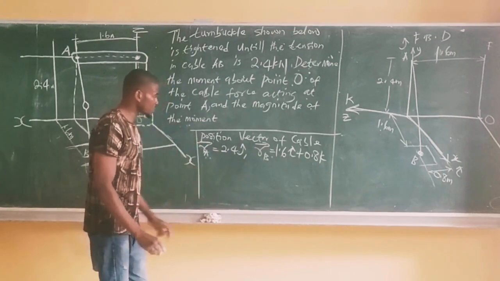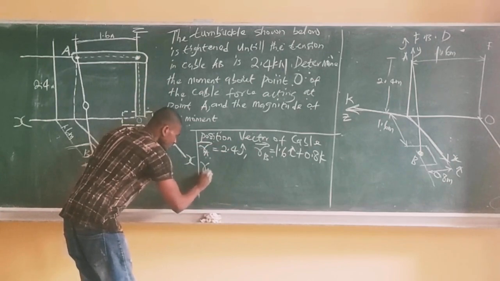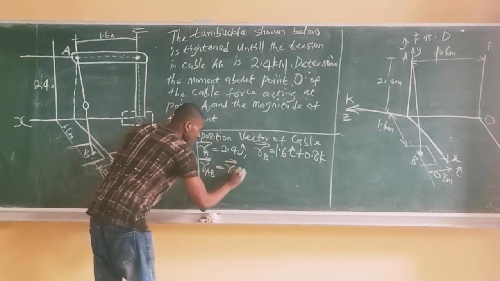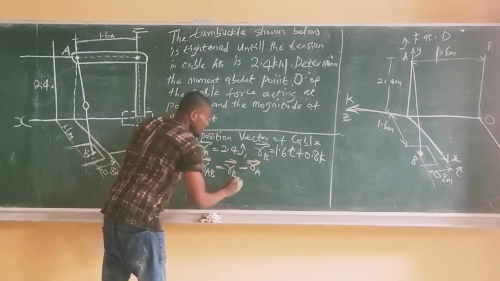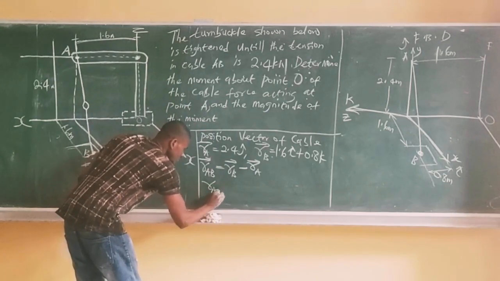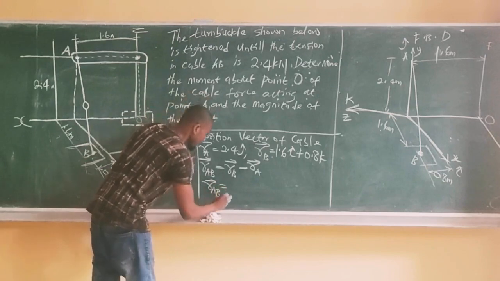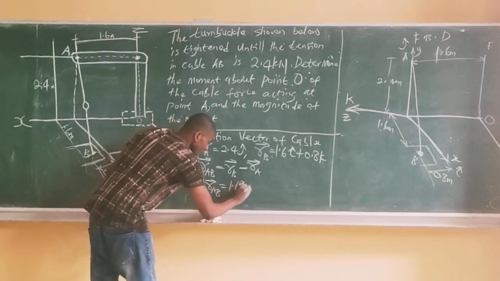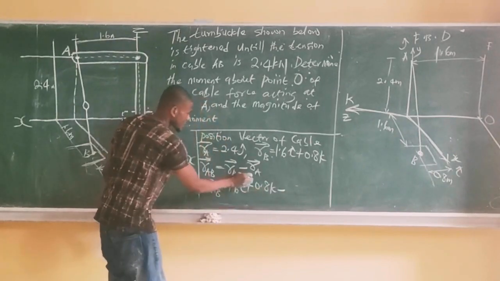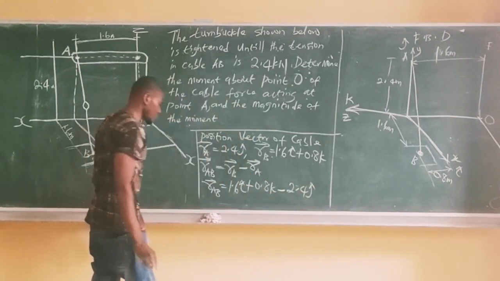Okay, so this is the position of A on the diagram, and this is the position of B on the diagram. The next thing to obtain now is the position vector. The position vector is the position between A and B, and that is simply RB minus RA. So RAB is equal to RB, which gave us 1.6i plus 0.8k, minus RA, which is 2.4j.